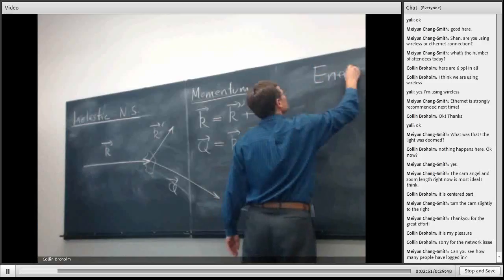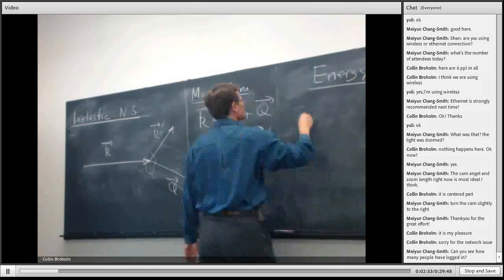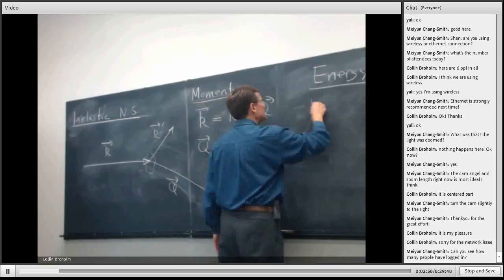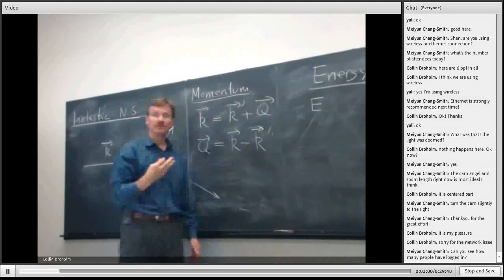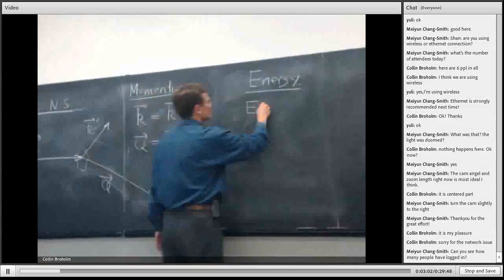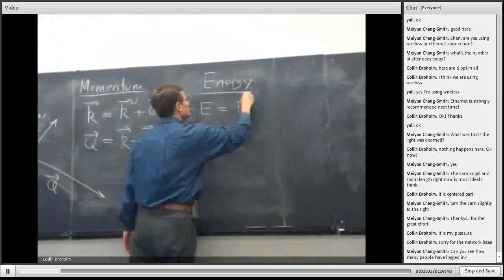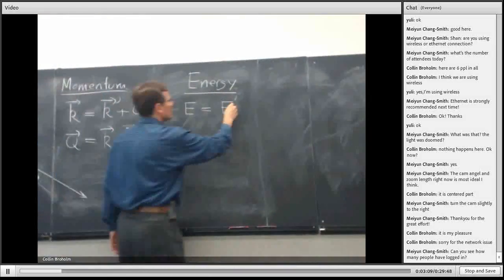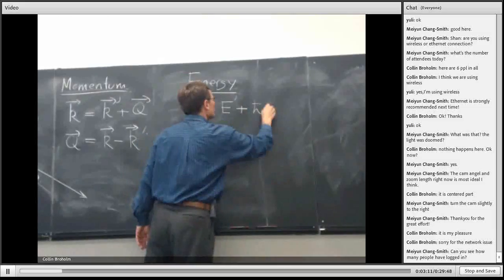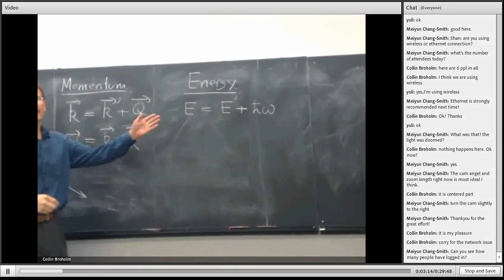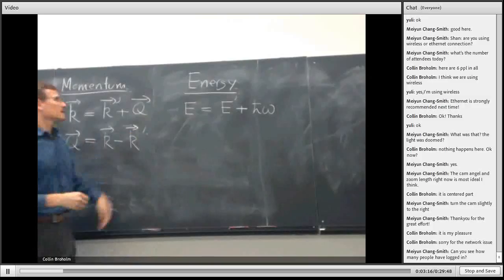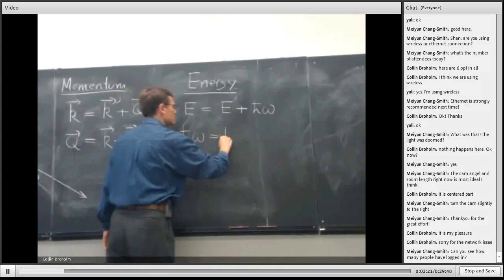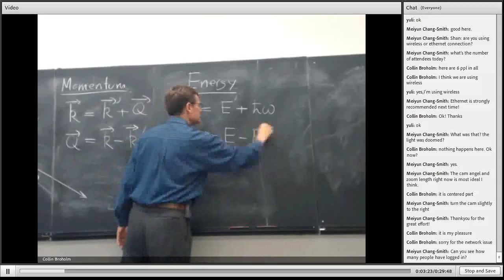Energy conservation says that the energy prior to scattering, which we're going to denote E, that's simply the kinetic energy of the neutron prior to scattering, has to be equal to the energy carried away in kinetic energy by the scattered neutron plus an amount of energy that may be delivered to the sample. I'm going to denote that by h bar omega.